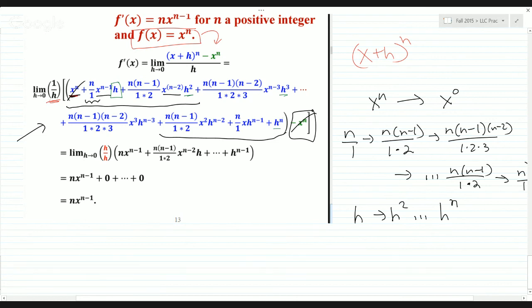That means if we take out an h from everything, we have a term, n times x to the n minus 1, not multiplied by h, while everything else has an h. Since it's the limit as h approaches 0, everything else goes to 0, except the term that we got the h out of, which is n times x to the n minus 1. And that's the answer.